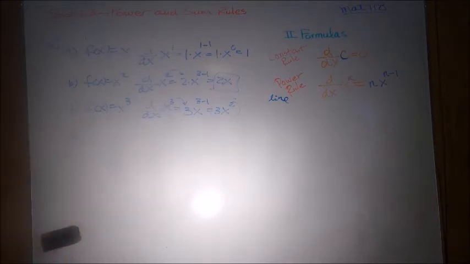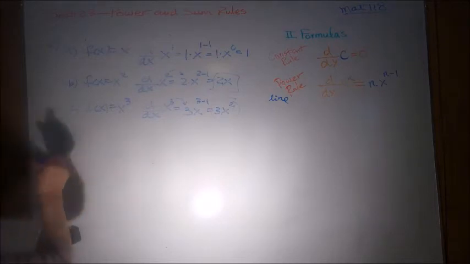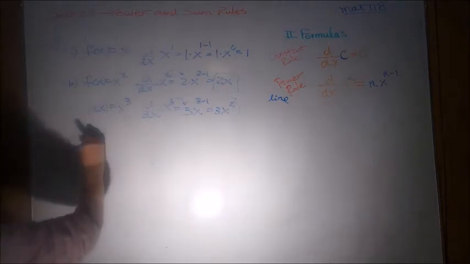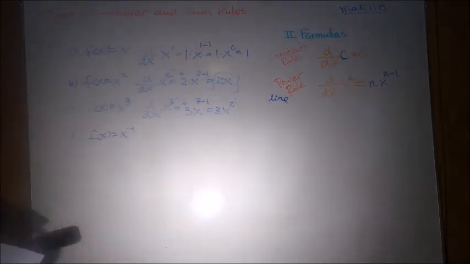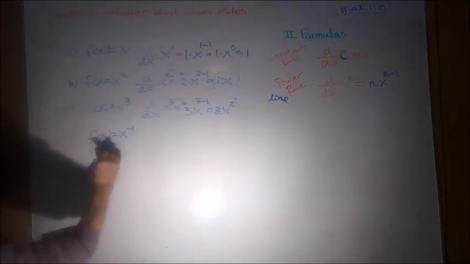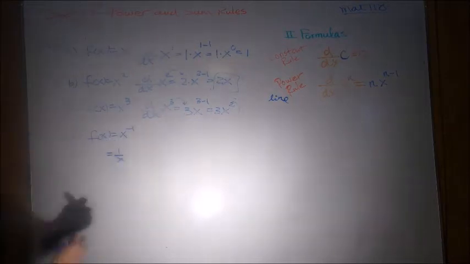Okay? Then what happened to the negative power? Let's take a look. Okay? So if your f of x is x to the negative 1, that means what? It's the same thing as 1 over x, right?